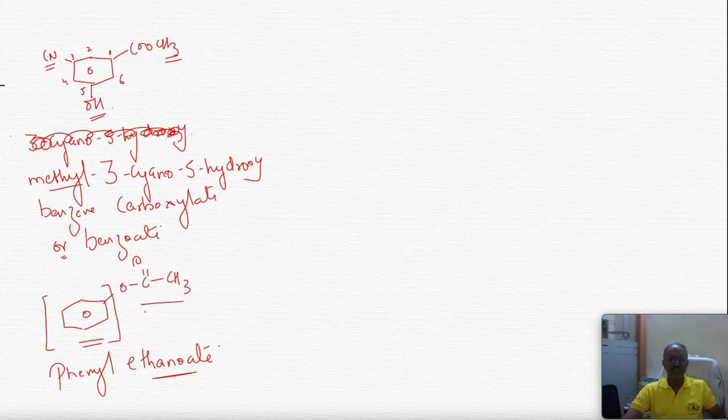Phenyl ethanoate will be the only answer, because it can't be phenyl benzene carboxylate, since both phenyl and benzene names can't be there at the same time. Fine. Now some more examples we will see.